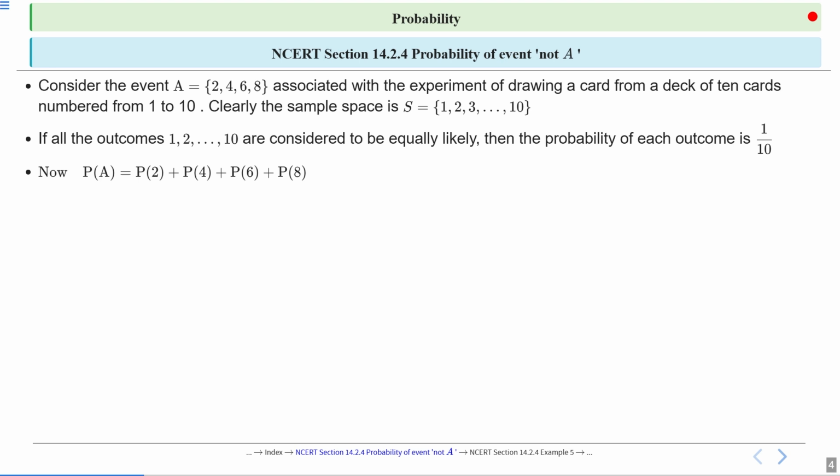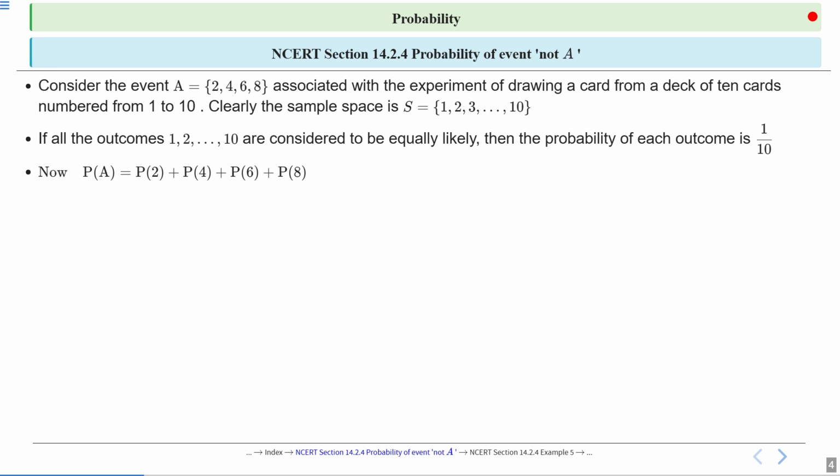Now what is the probability of A? The event A describes the set 2, 4, 6, 8. So the probability of event A is the probability of 2 plus the probability of 4 plus the probability of 6 plus the probability of 8.